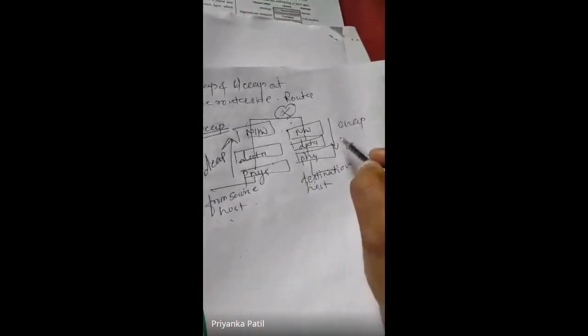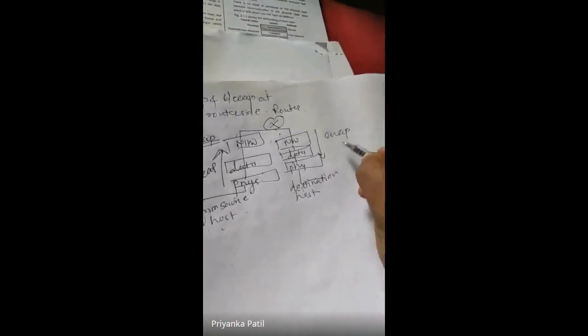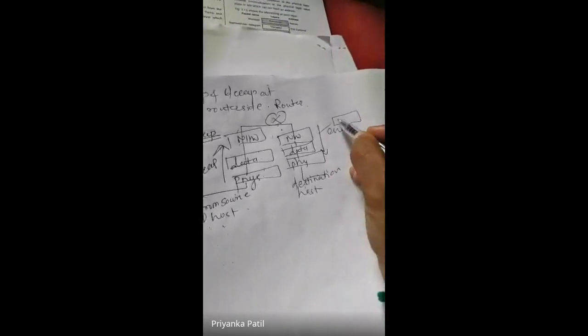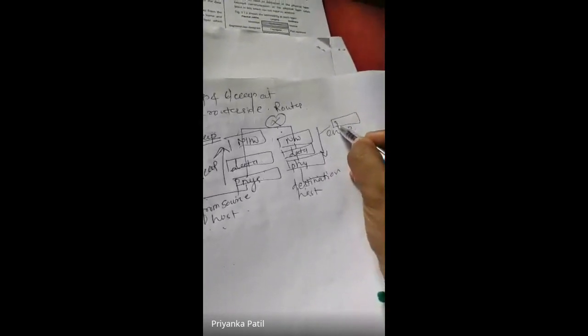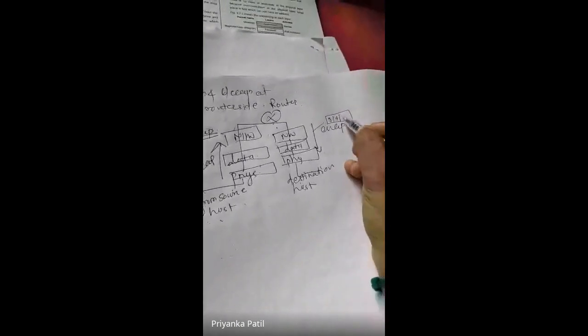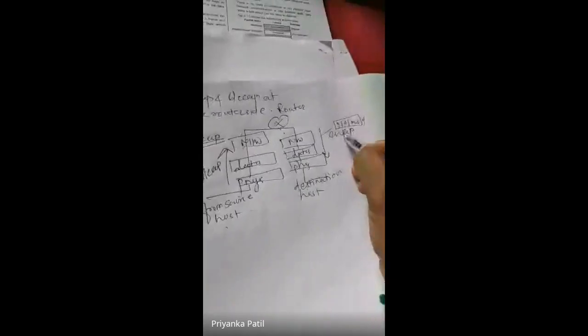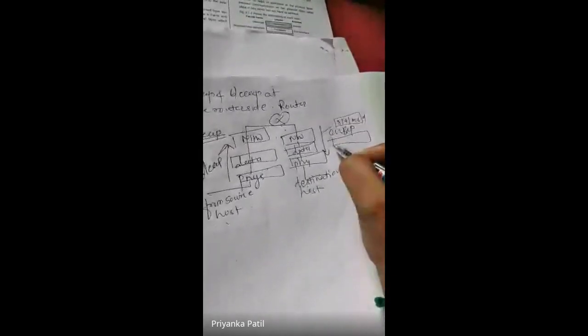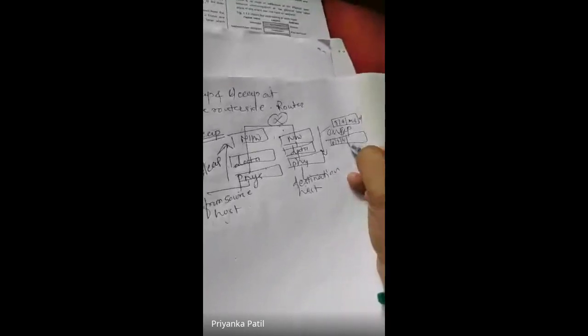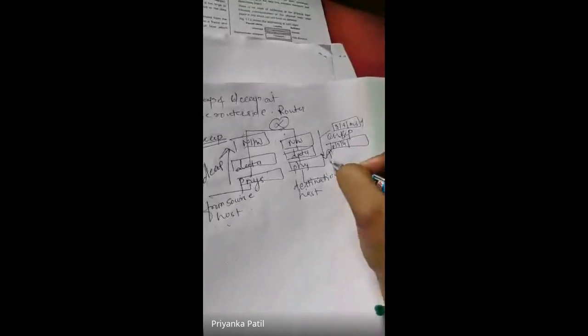Whenever we add, if the network has a packet which has the address in the network layer header, the transport layer header, and the message, when this data is passed to the data link layer, it also adds new information, meaning it adds the data link layer header.